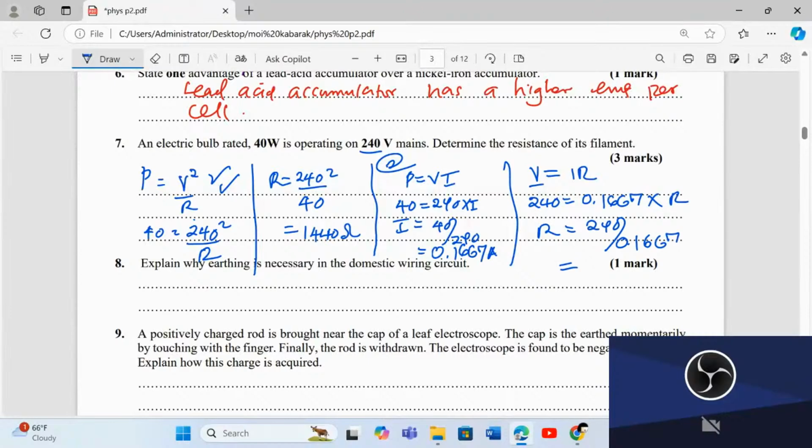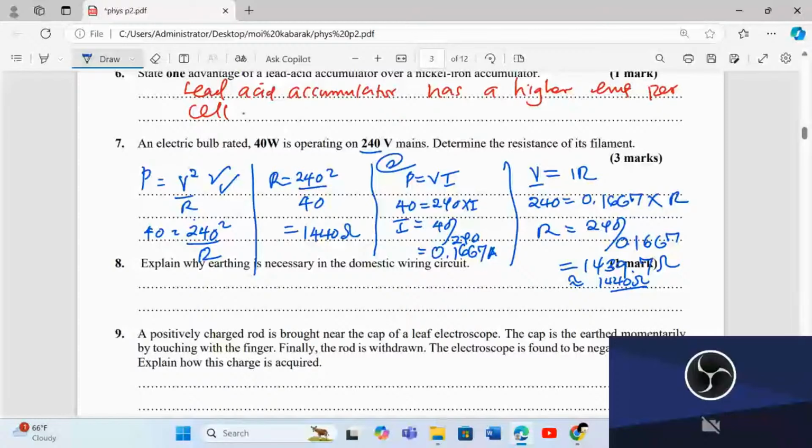You're going to get a value of 49.7 ohms, which is equivalent to 1440 ohms. That is the second.